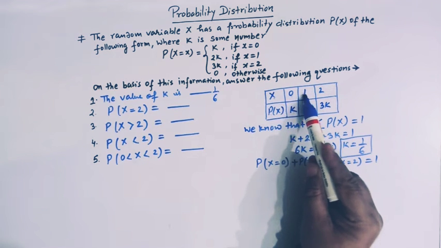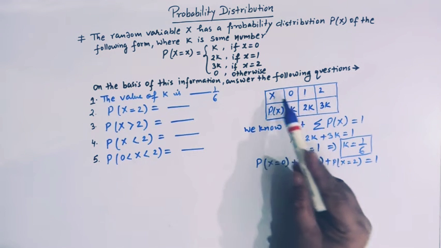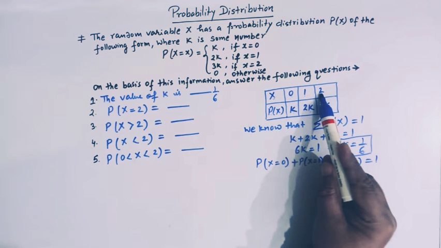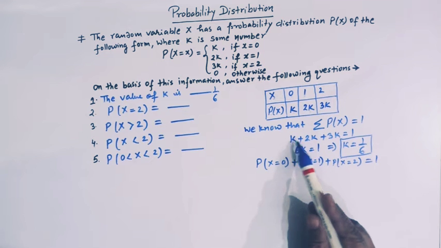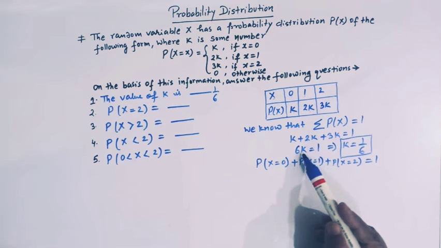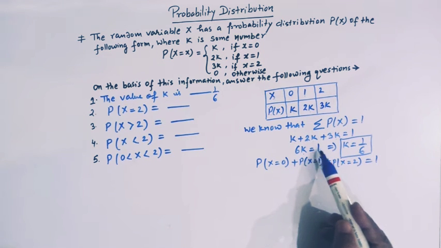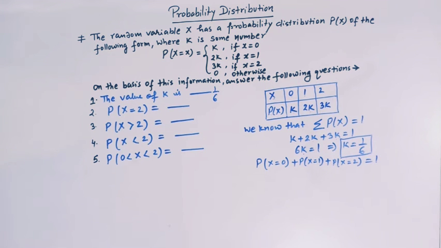For x equal to 1 the probability is given as 2k. For x equal to 2 the probability is given to be 3k. So the sum k plus 2k plus 3k is 6k, which is equal to 1. So k is equal to 1 over 6.